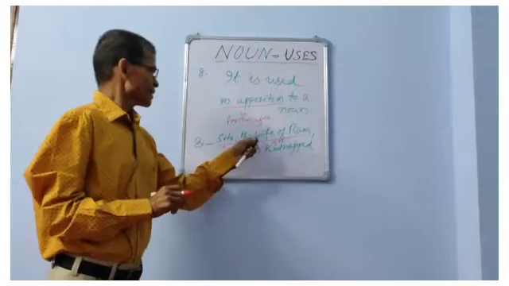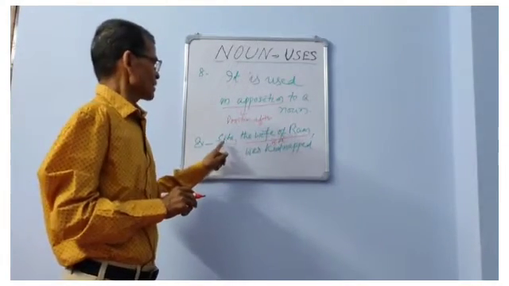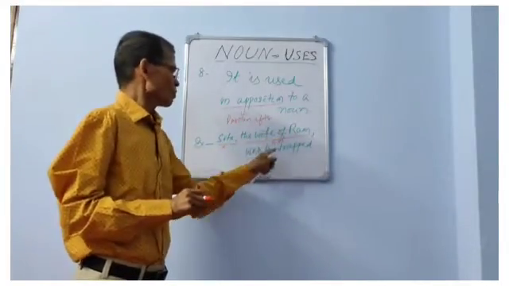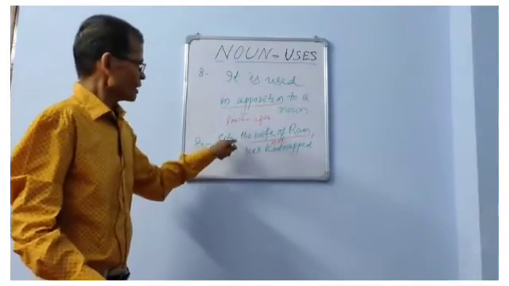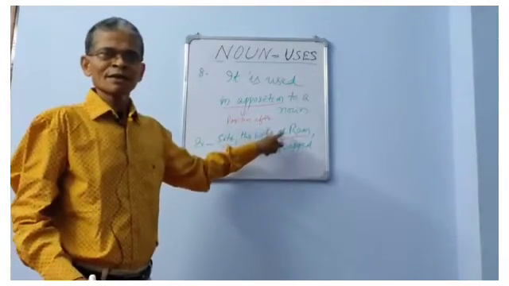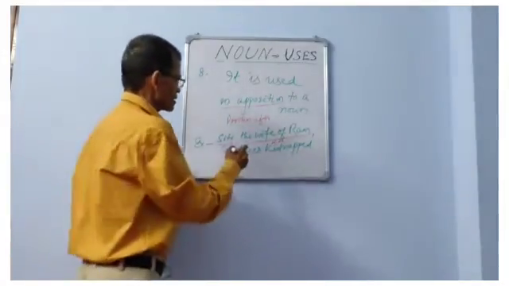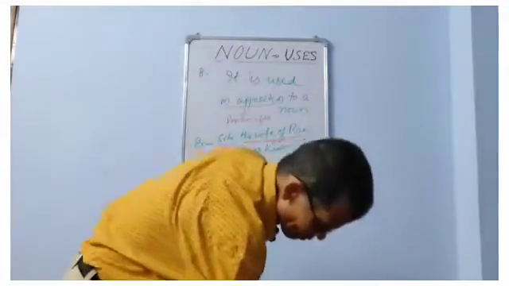This noun phrase refers back to Sita. We can say Sita was kidnapped, we can say the wife of Rama was kidnapped, and similarly we can write the wife of Rama, comma, Sita, the same thing. This is called the appositional use of a noun.